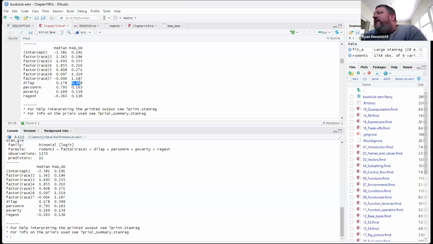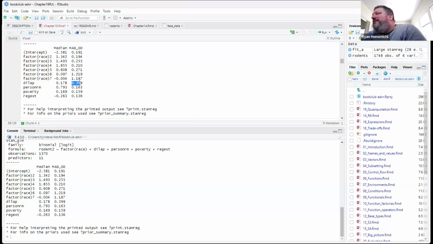So you're saying for each additional person, you get an increase of 120% odds of there being rats. I guess that makes sense. Yeah, because it's more crowded. It makes sense.